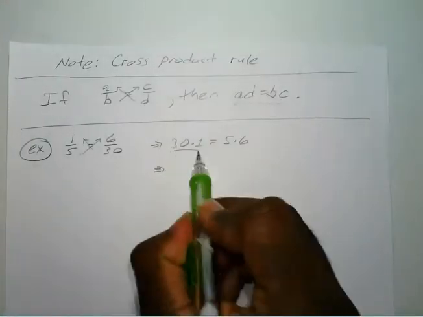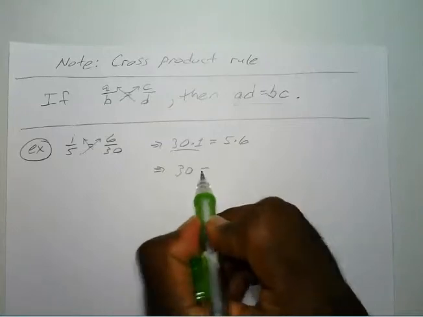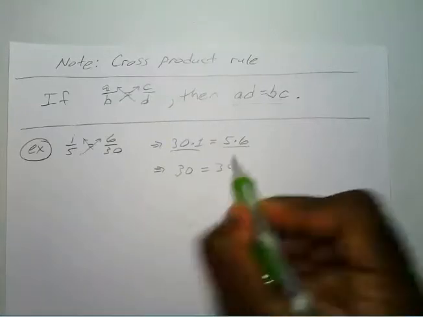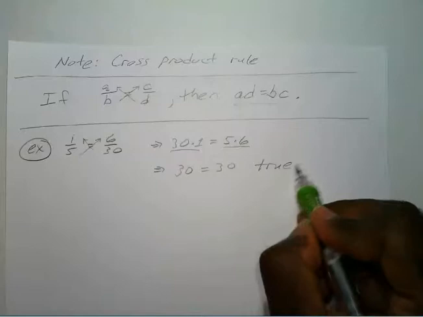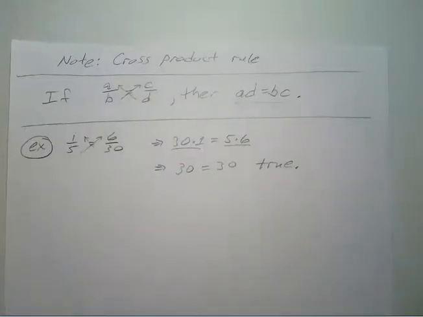So 30 times 1 is just 30, and 5 times 6 is 30. So this is true. All right, so now let's do that with a missing variable.